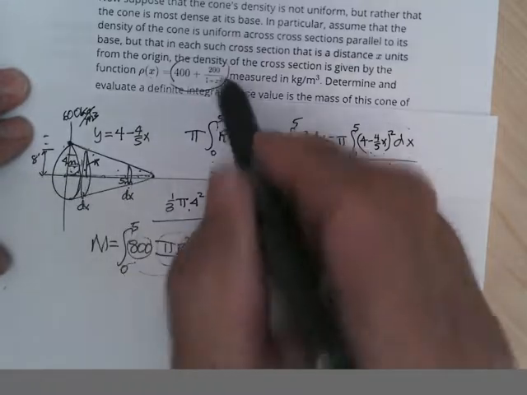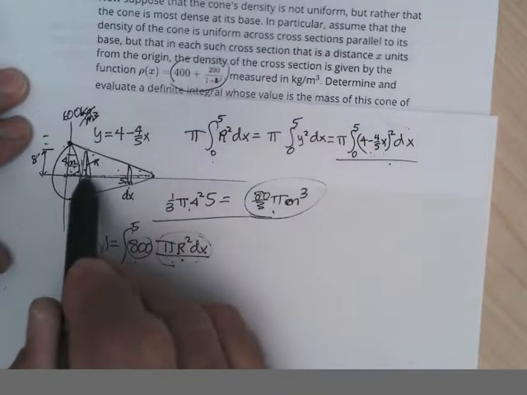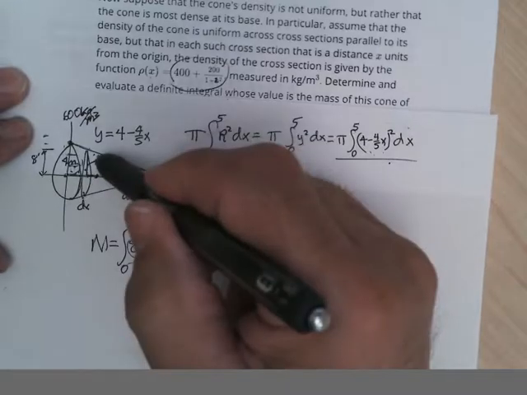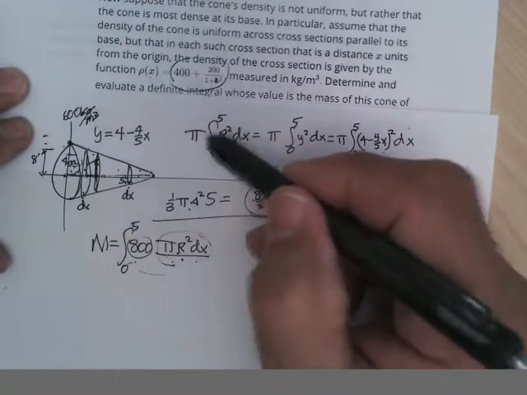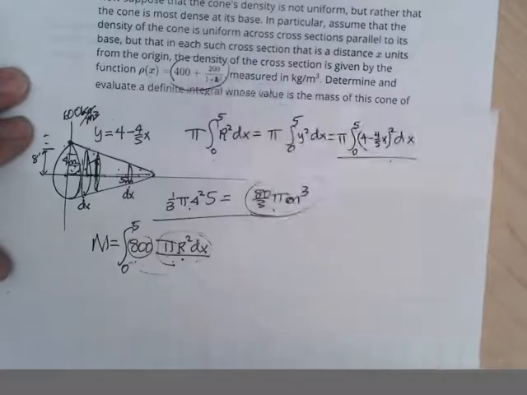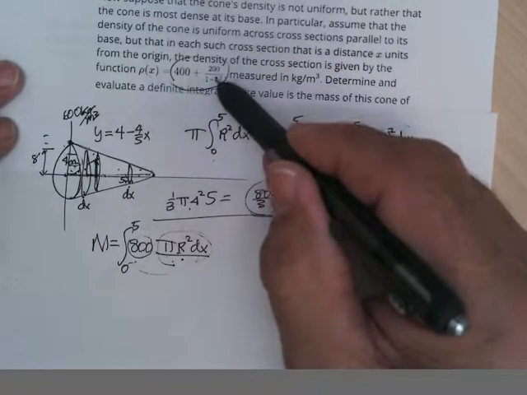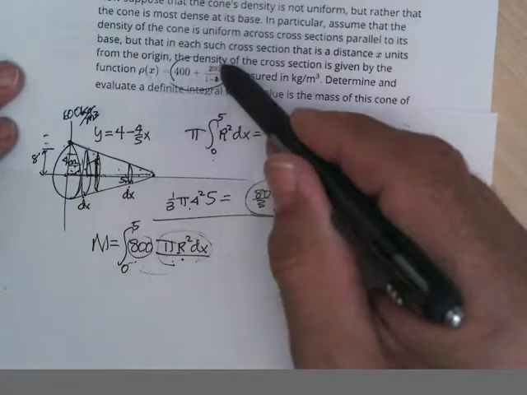When we're out here, let's say let's put in 2 for x. If we move out 2 meters down this thing, what's the density here? How many kilograms of mass is there in a meter cubed? So that would be 1 plus 4, which is 5, into 200 is 40.